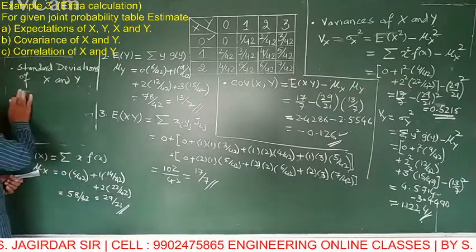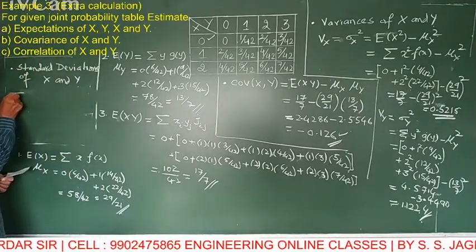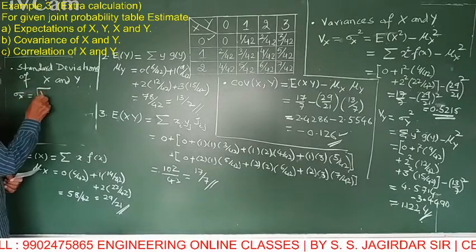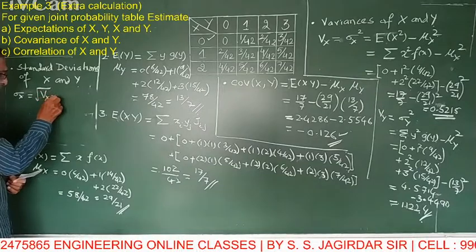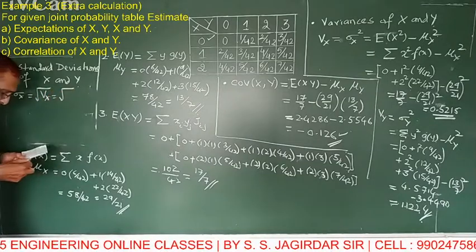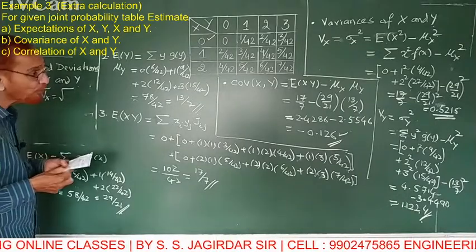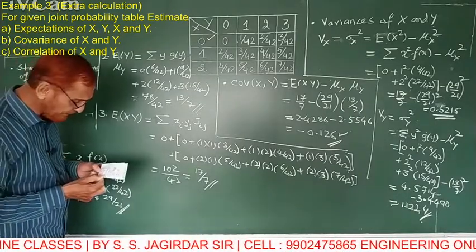So what is the symbol for standard deviation of x? That is sigma x is equal to root of variance of x.